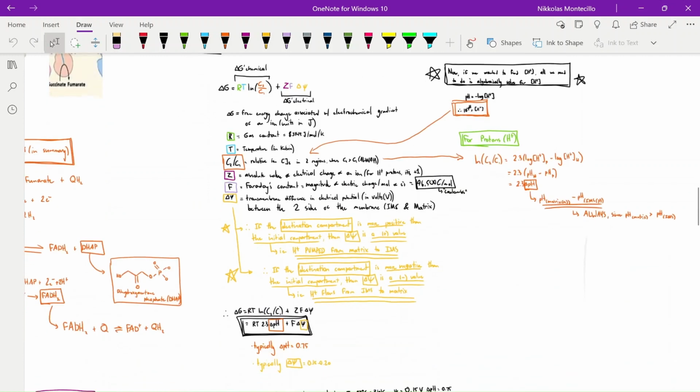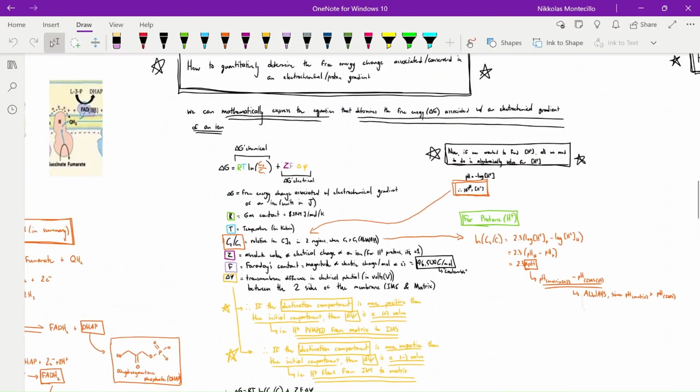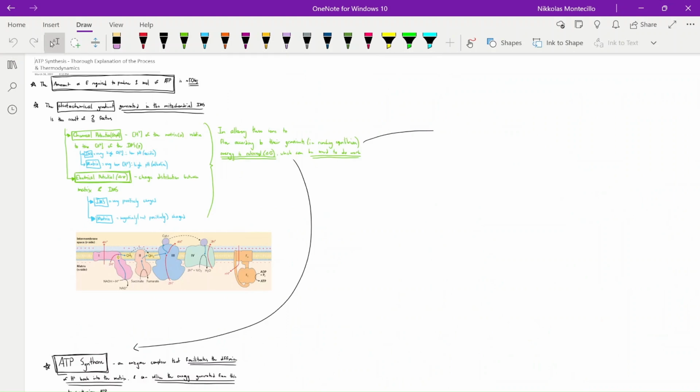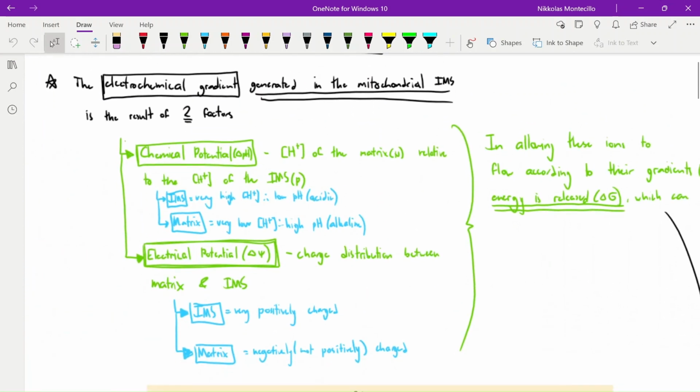So before we get into these specific details right here, let's just review the function of the electrochemical gradient. Remember that the electrochemical gradient is the main factor that's responsible for producing ATP, and the electrochemical gradient is comprised of two factors. The first factor is the chemical potential, which is just the concentration of hydrogen protons of the matrix relative to the hydrogen concentration of the intermembrane space.